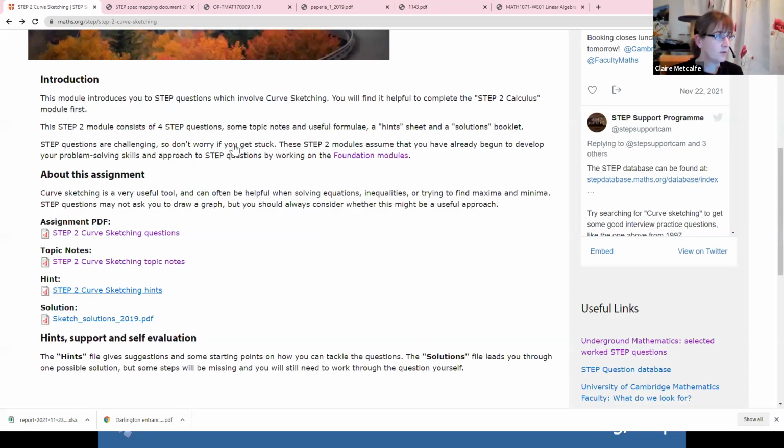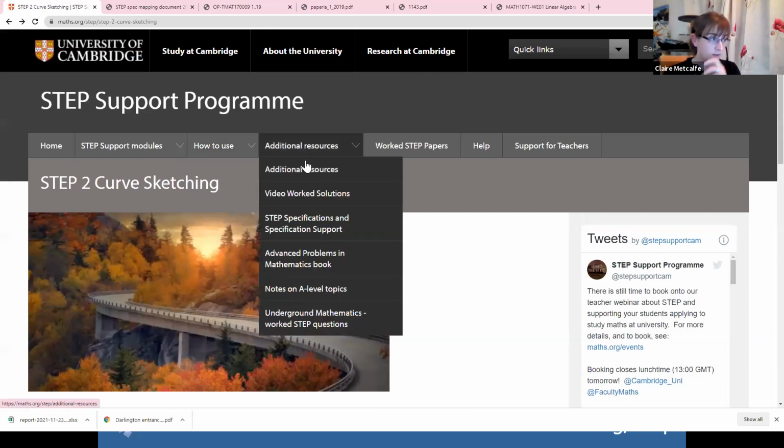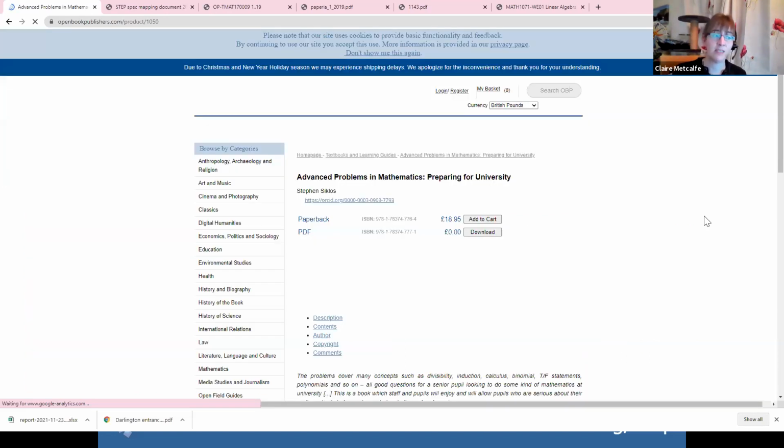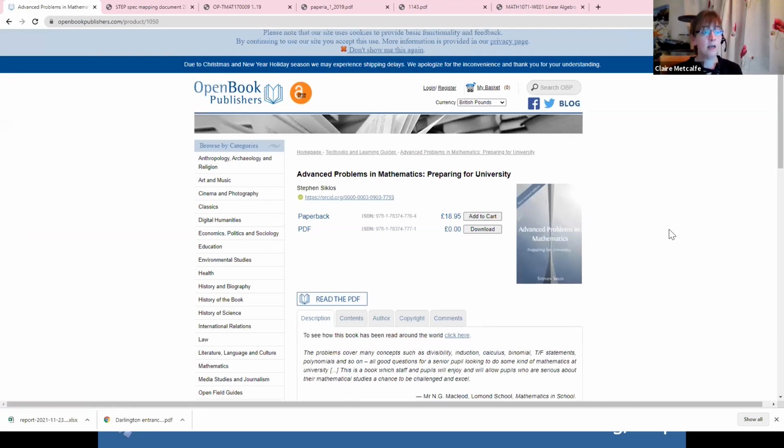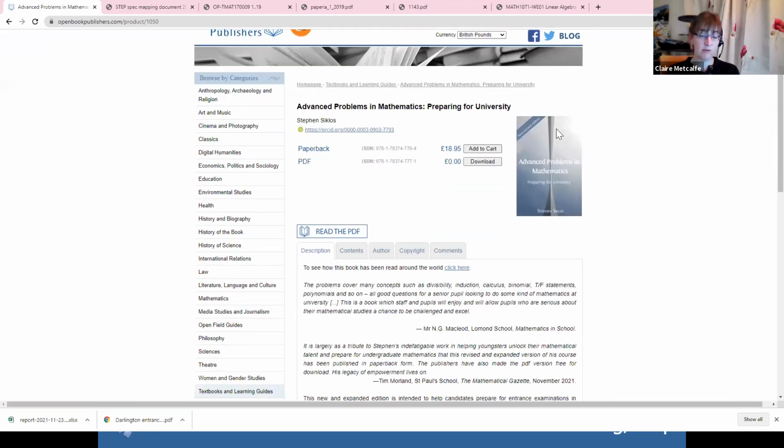Other things to talk about, there are some other additional supports down the side. So there is the Advanced Problems in Mathematics book. This was written by Stephen Siklos, who used to be chief examiner for STEP up until 2019, when he very sadly died. But this is available as a free download.